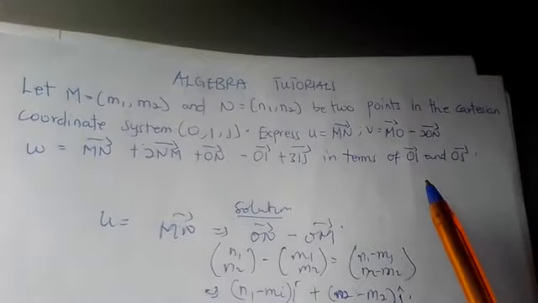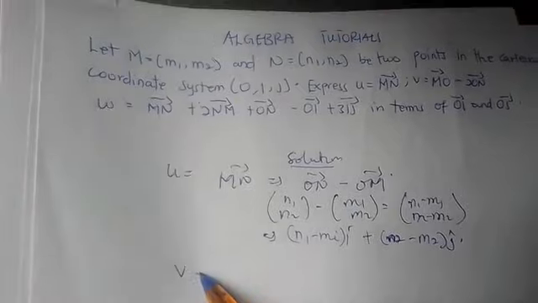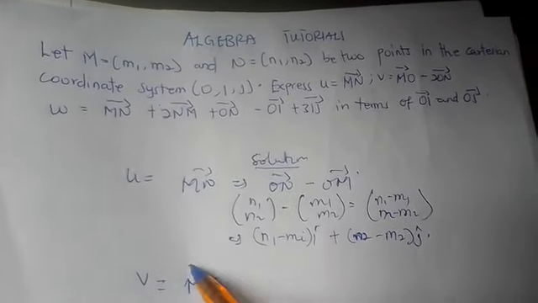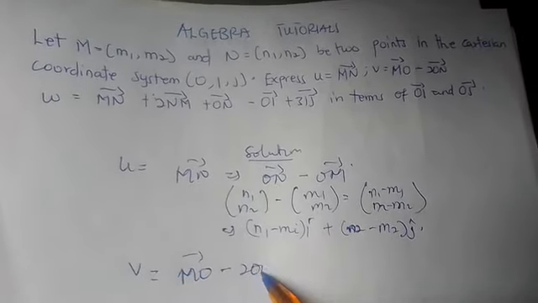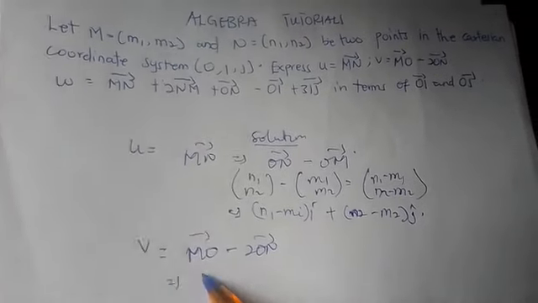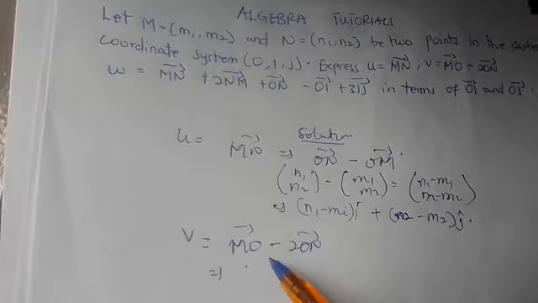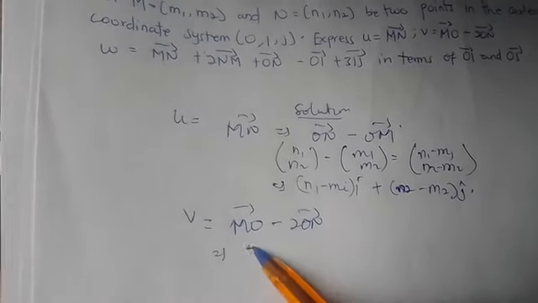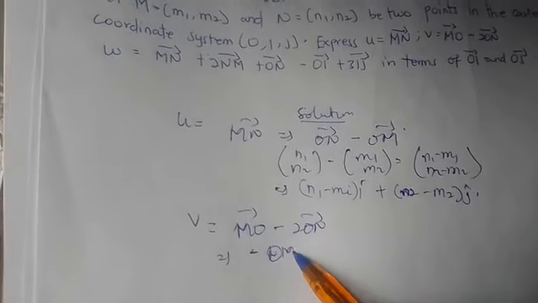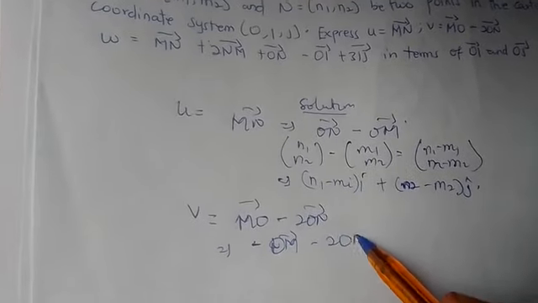Let's go to the v. The v is saying that we should find MO minus 2ON, like this. Now MO means from M to the origin, and that will be negative of OM minus 2ON.